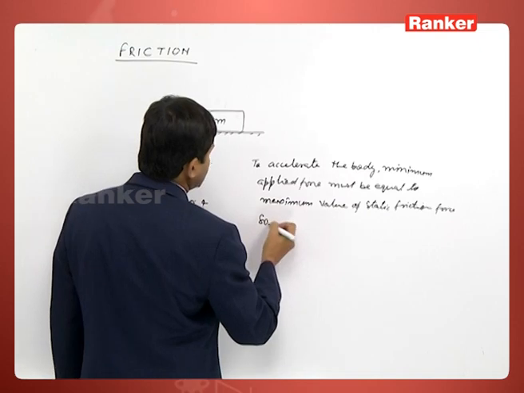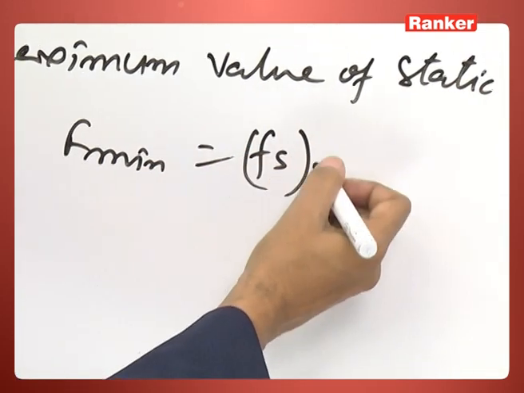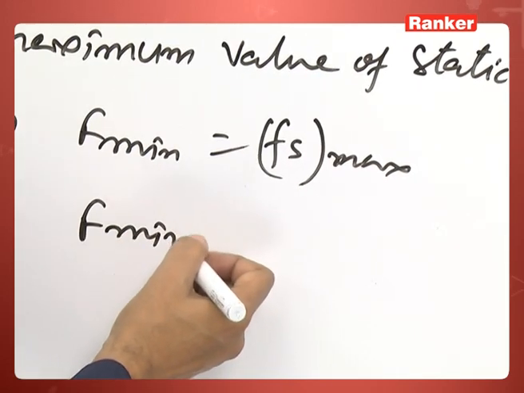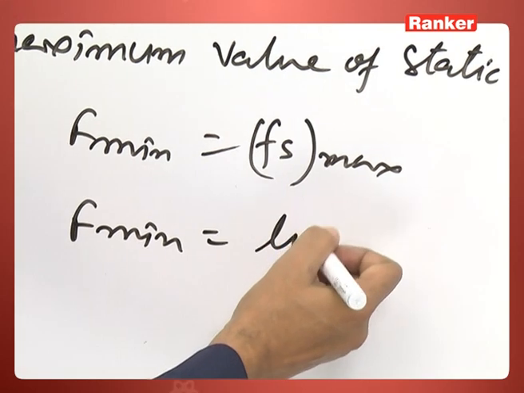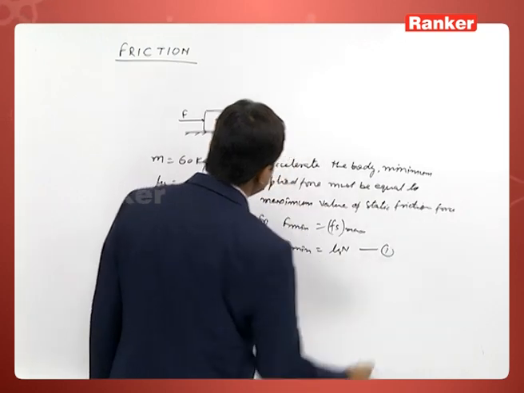So F minimum must be F s maximum, that is mu s into N. This is our first equation.